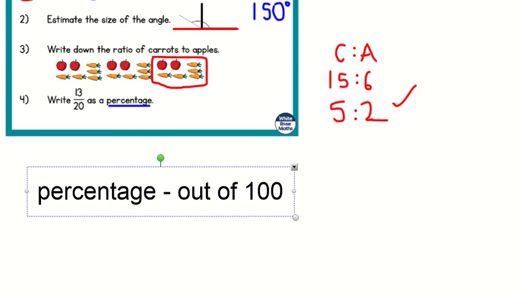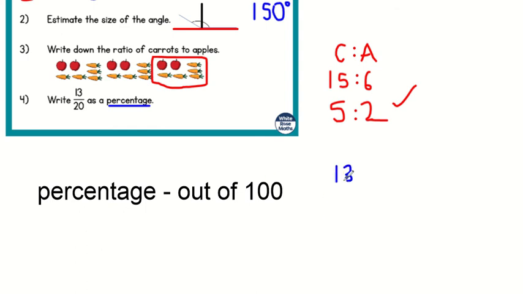And when I look at my fraction, at the moment, I've got 13 out of 20. So to make this a percentage, it needs to be out of 100. So what do I multiply 20 by to make 100? You're right, Year 6, I multiply by 5.